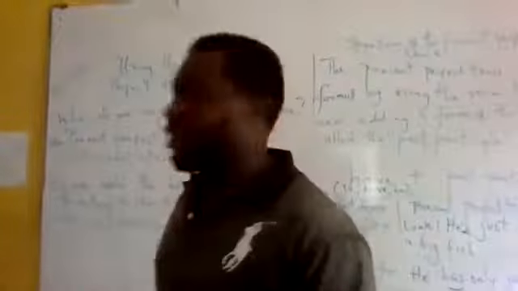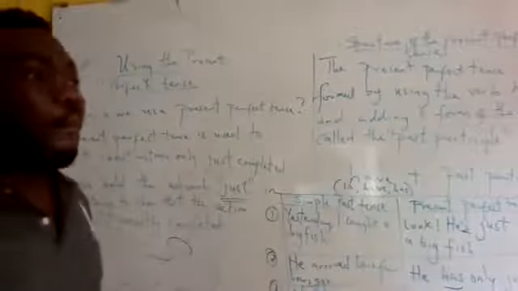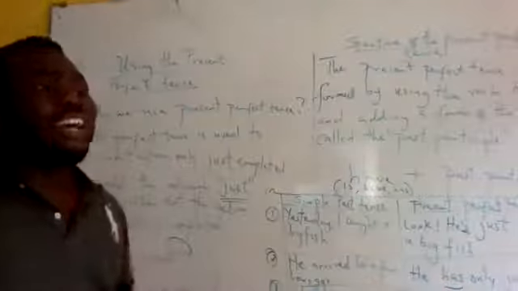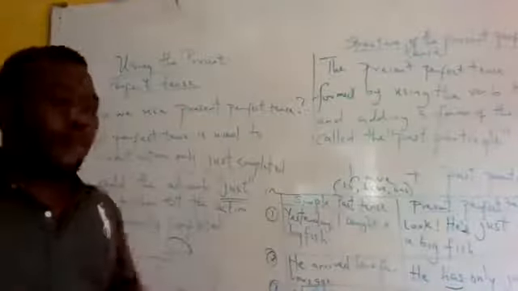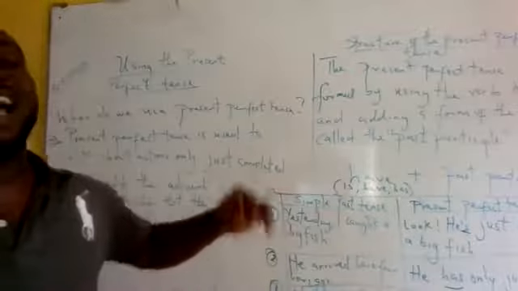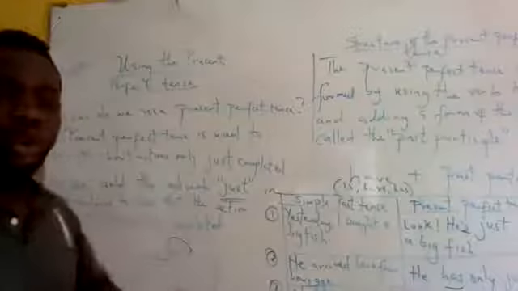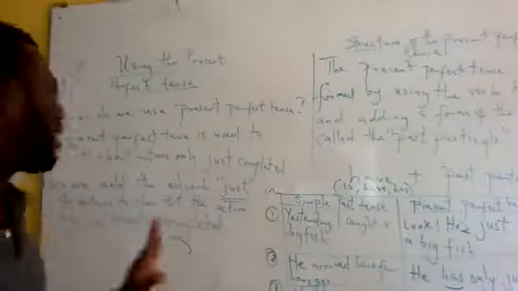If you look at what we've done so far, we are discussing the present perfect tense, and we said that perfect means an action that has just been completed, an action that has been done, carried out, perfected.